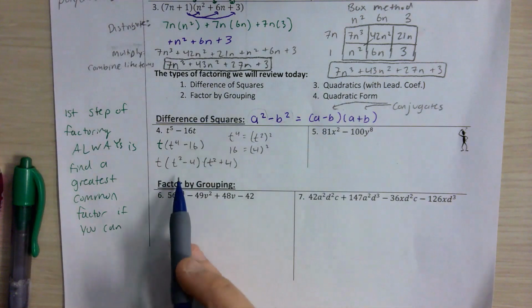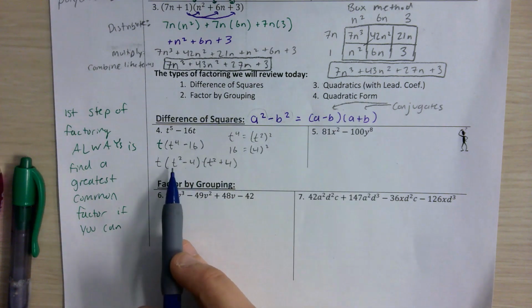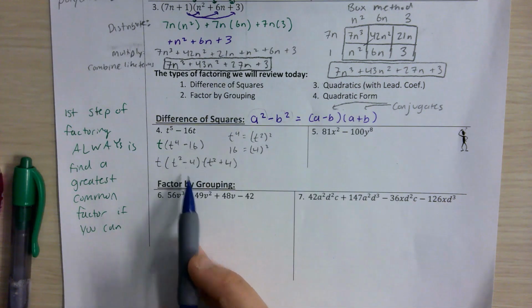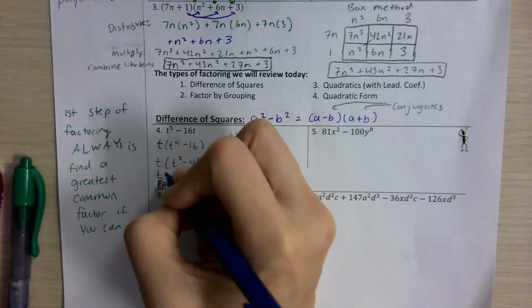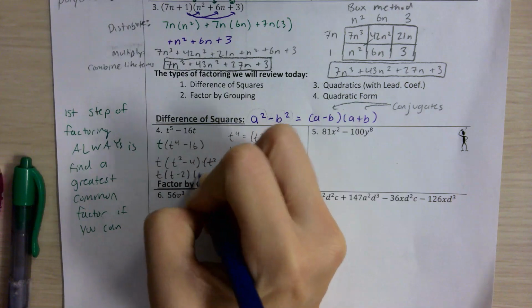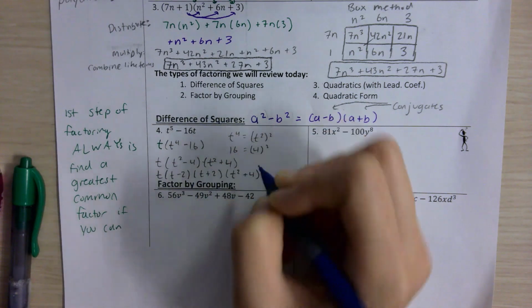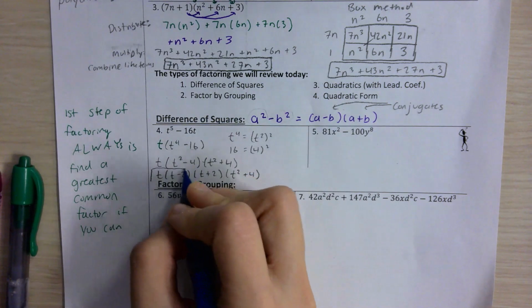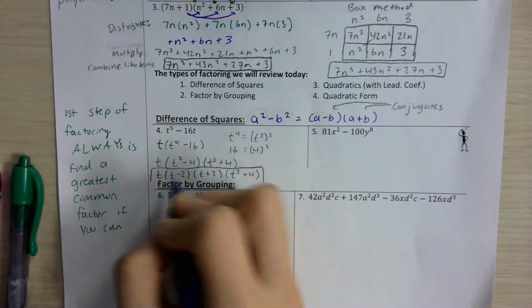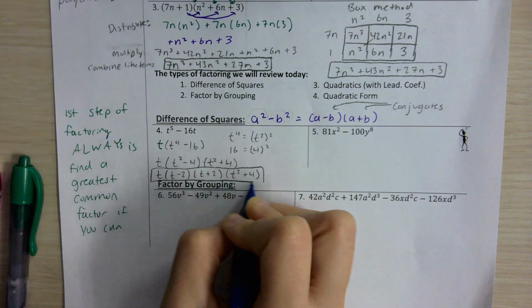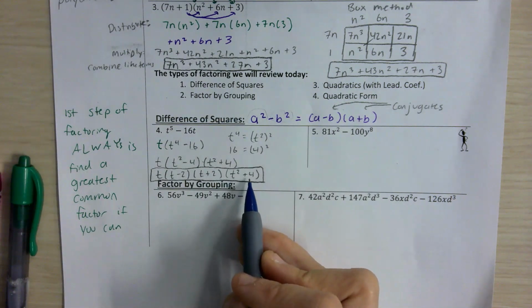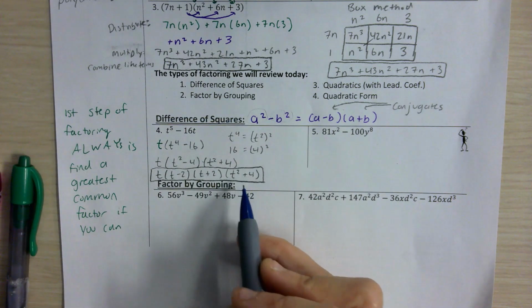And then if we look here again, there's another perfect square because you can break down the t squared into t and t and the 4 into 2 and 2. So we have t minus 2, t plus 2, t squared plus 4. So that was an example with 2 perfect squares. And this is our final factored form. This guy right here can't be broken down any further because it's not a minus there.